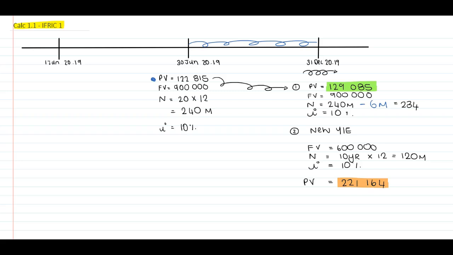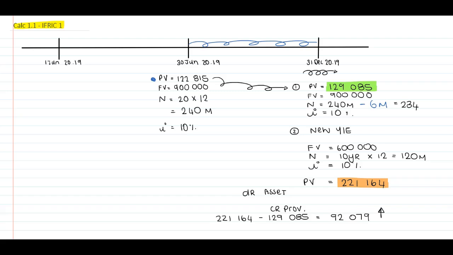Therefore, we are able to identify that there's an increase when you compare our old value to our new value. If you think about a journal, which is not required, you will have to debit the asset and credit our provision with the difference, the 221,164 minus 129,085, and this will be an increase in our assets value of 92,079.